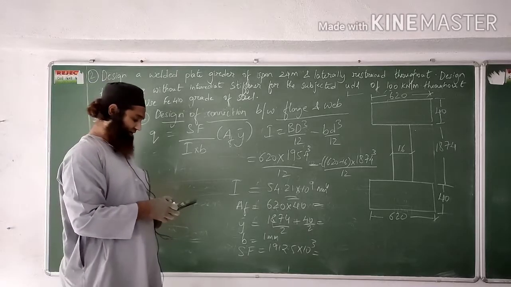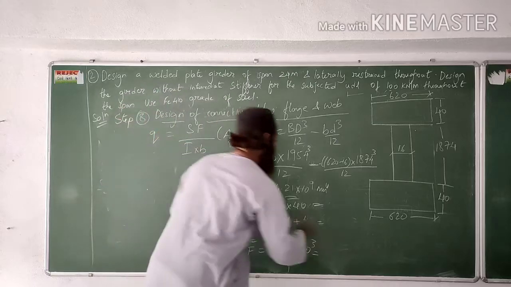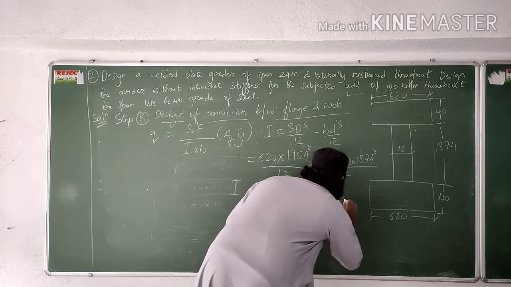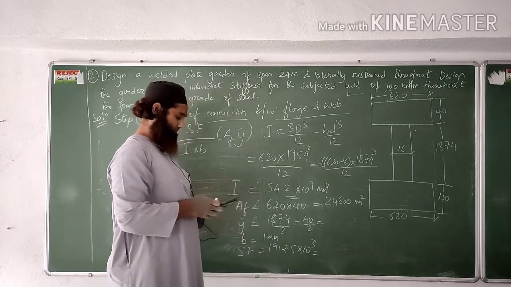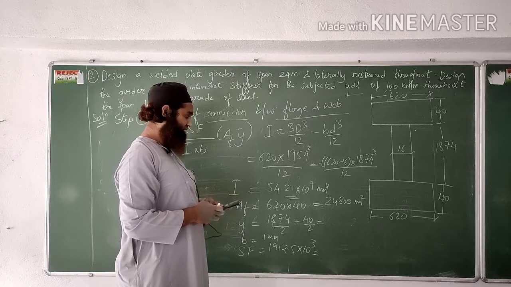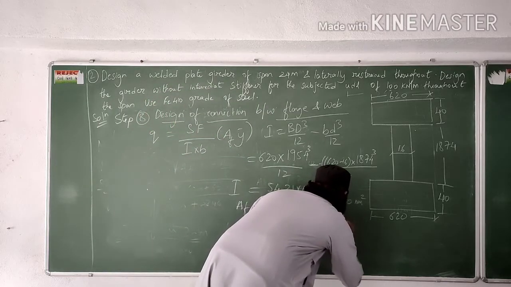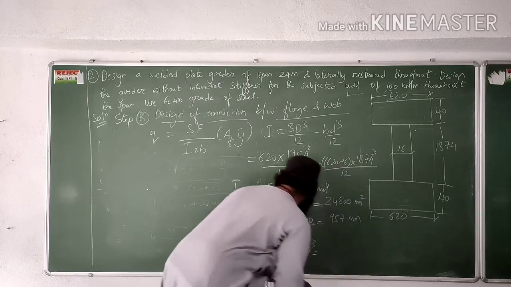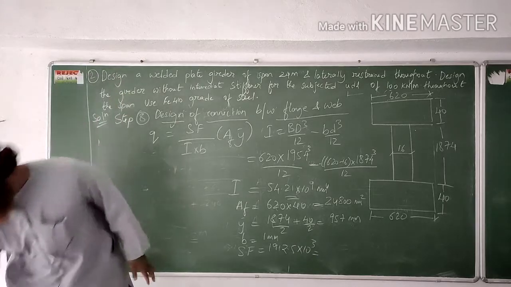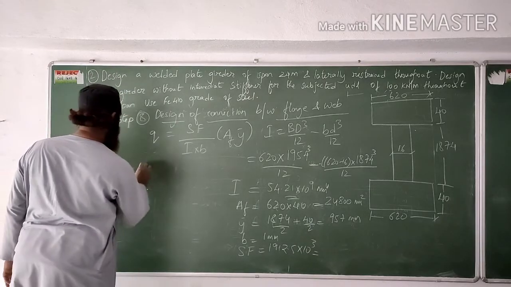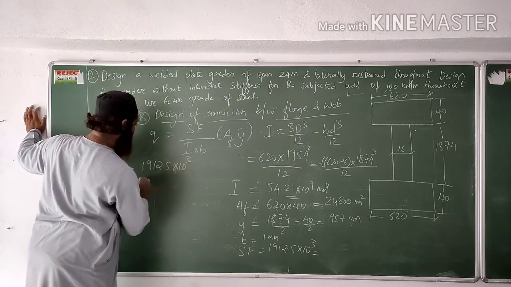That is why I had written here. 937 plus 20, this is 957 mm. Now the shear force is 1912.5 into 10 cube. Let us substitute all these values. We will get 1912.5 into 10 cube. I am converting it into Newton.